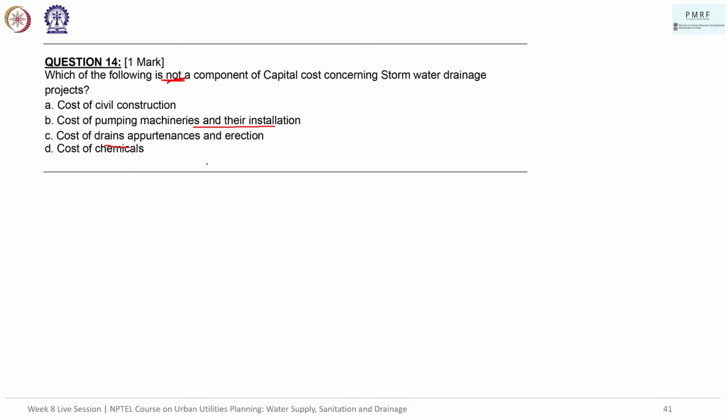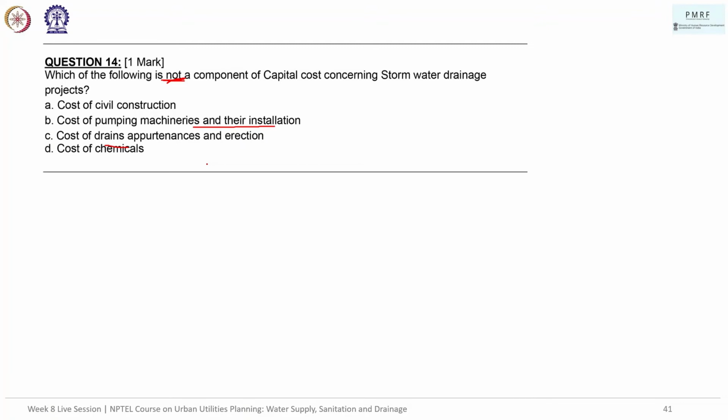They are all things that are not going to be immediately expended, like immediately used up. They are going to stay for a longer period of time.